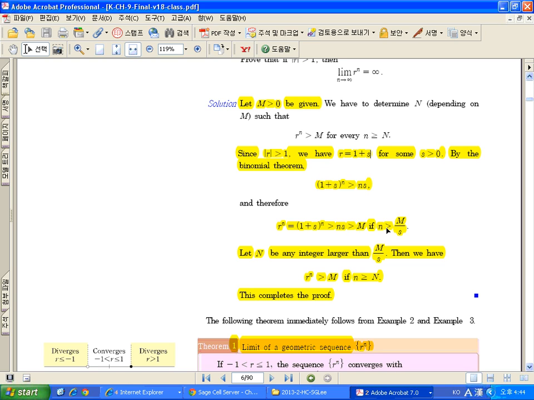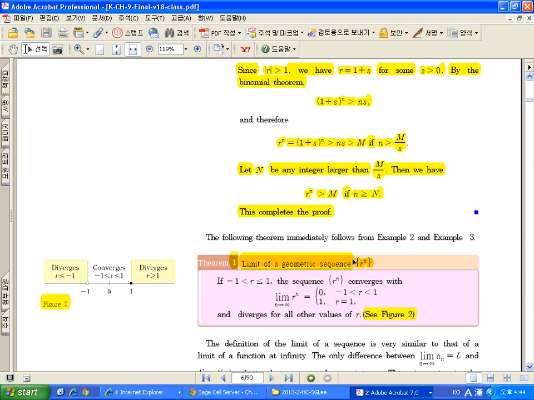So if we choose n greater than M over s, then it makes ns bigger than M. So if we choose capital N to be any integer larger than M over s, and we choose little n bigger than or equal to capital N, then it always makes r to the n bigger than capital M. This completes the proof.